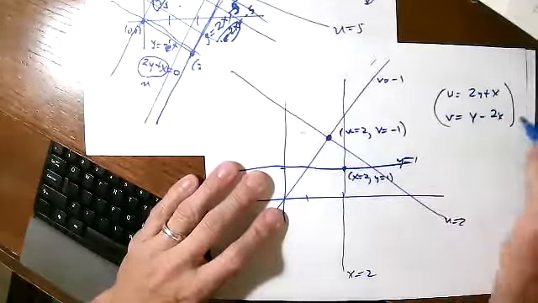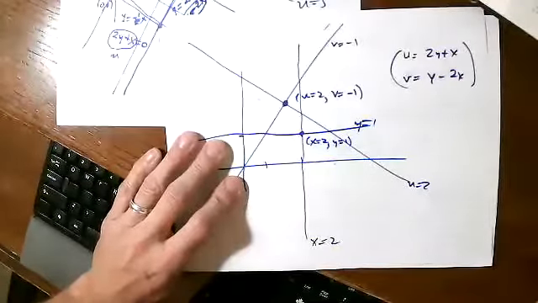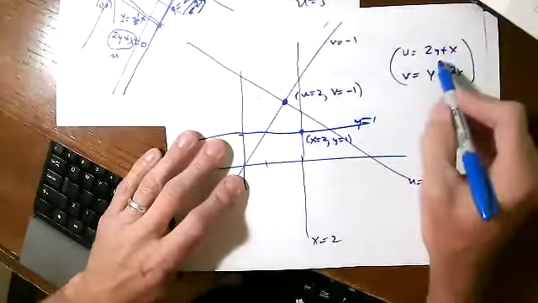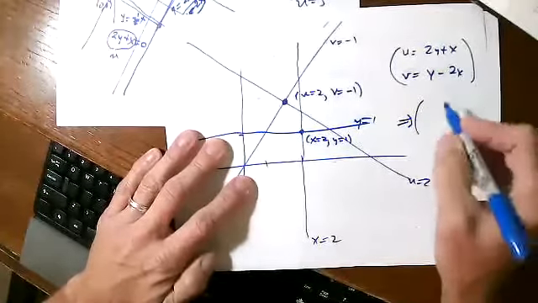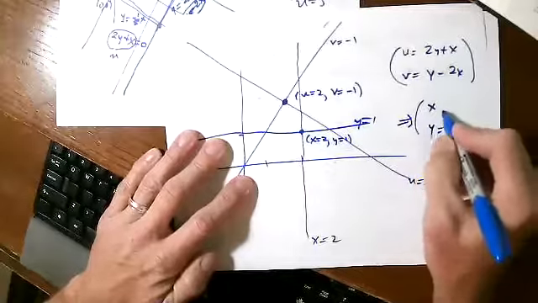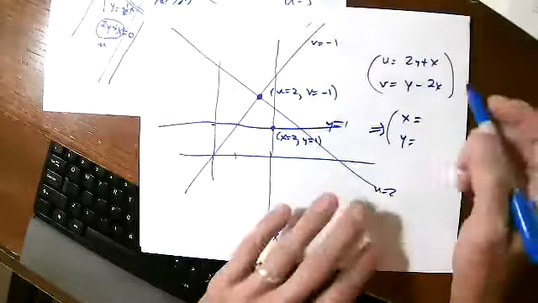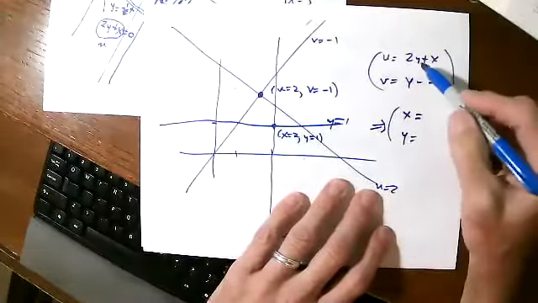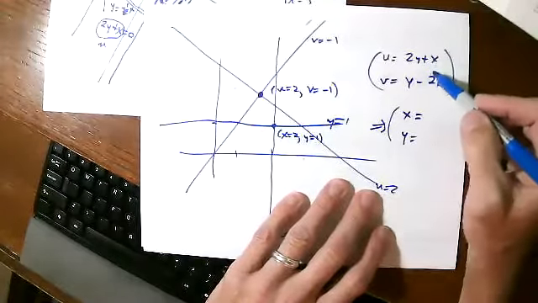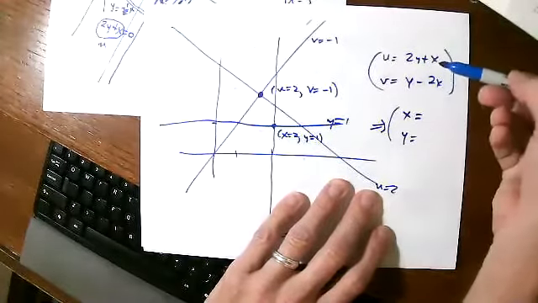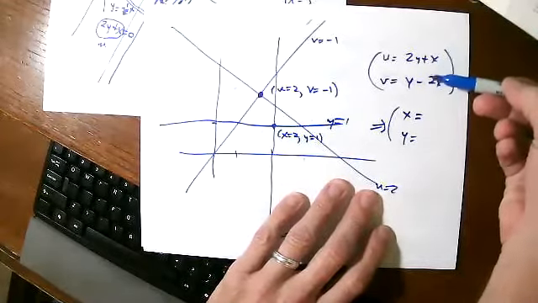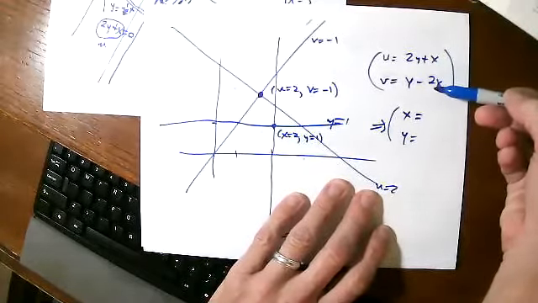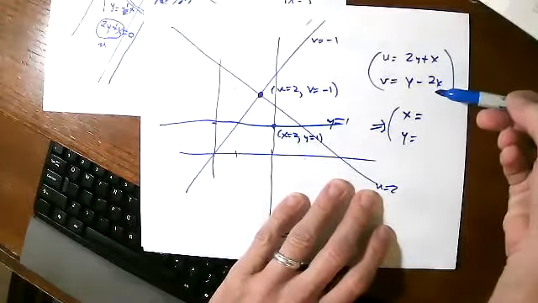But I can think of this as two equations and two unknowns that I could then solve for unknown x and y coordinates. That pair of equations would tell me how to compute x and y from u and v. Let's see, I think we did this last time, I can't remember exactly, but if I double this equation and add it to this equation, then all the x's will disappear.